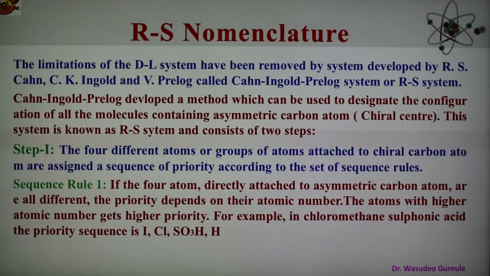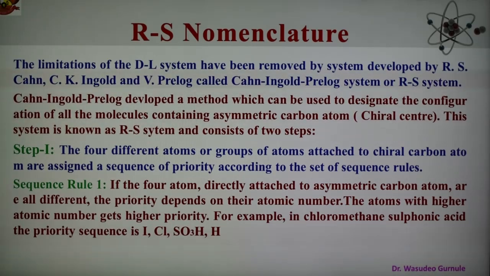First, sequence rule number 1. If the 4 atoms directly attached to the asymmetric carbon atom are all different, then the priority order depends upon their atomic number. The atom with higher atomic number gets higher priority.